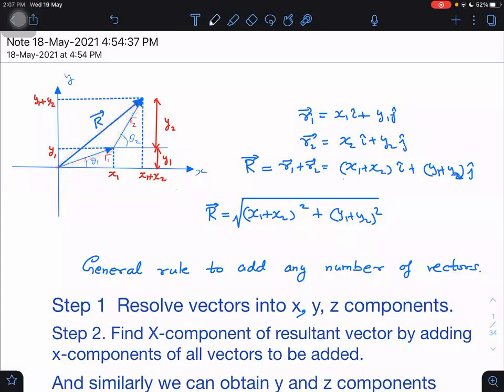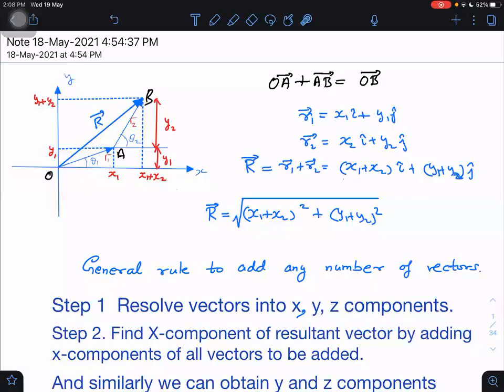I think I have explained before that if I go from O to A and I go from A to B, indirectly it means that I am going from O to B. OA plus AB equals OB. So it means we are going up to B.